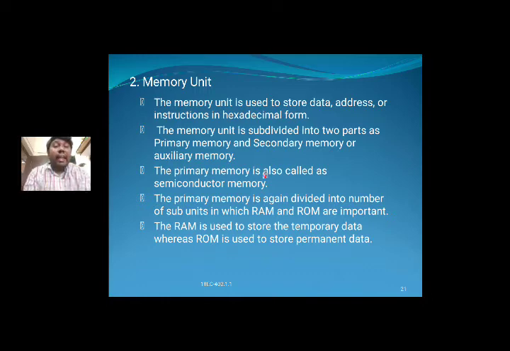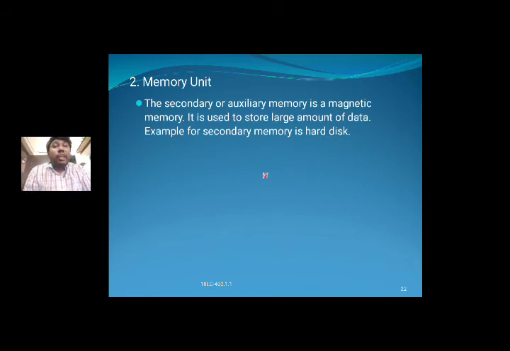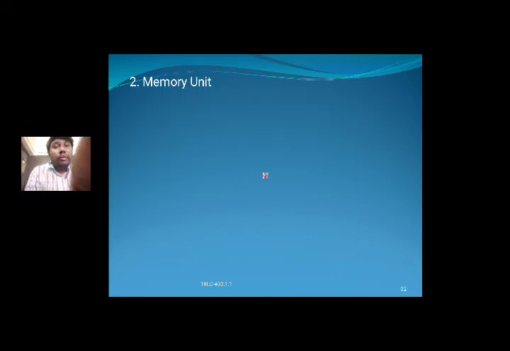Also, the secondary or auxiliary memory is the magnetic memory. It is used to store a large amount of data. An example of secondary memory is the hard disk.